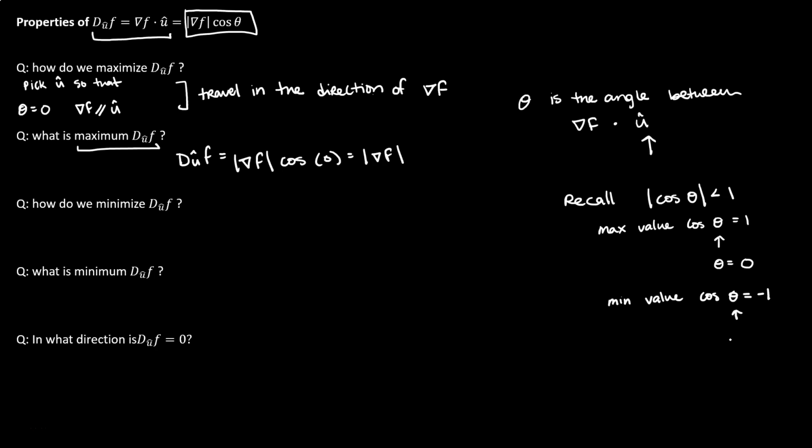The theta that we would need to get cosine theta equal to -1 is pi. So this would be like traveling opposite of the gradient vector. If I want to pick u so that theta is equal to pi, then I am traveling opposite of the gradient vector.